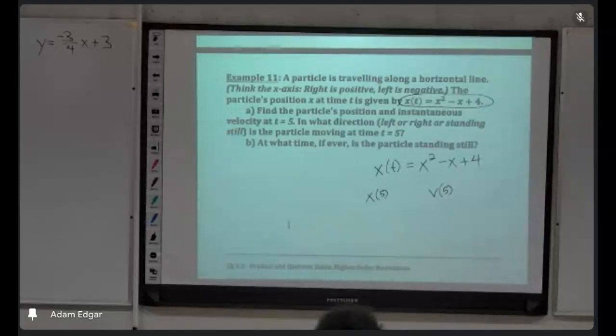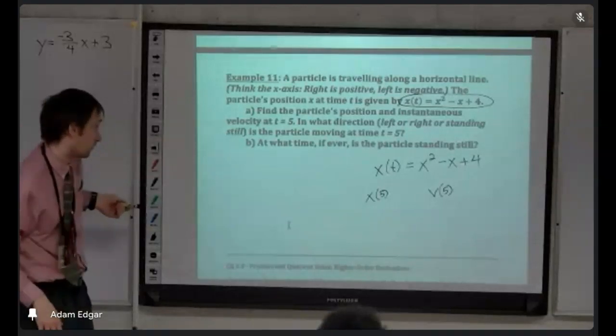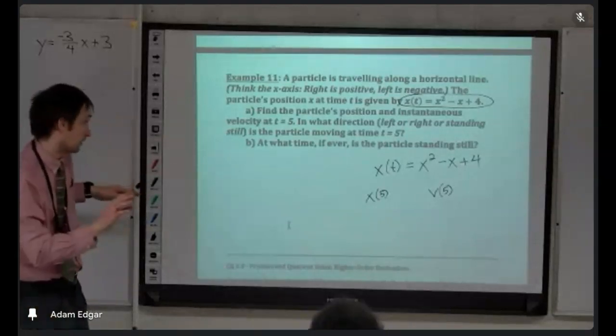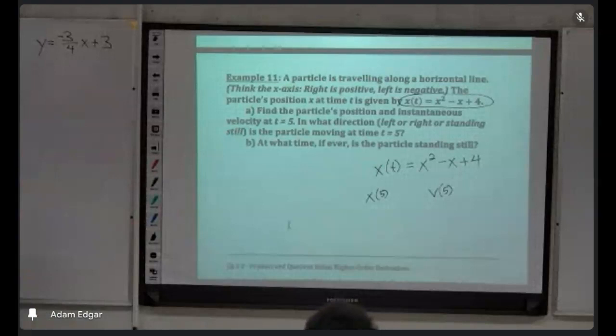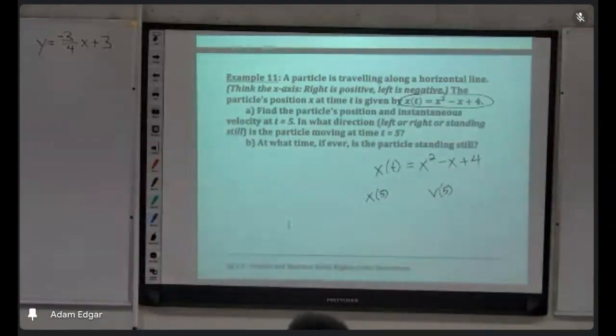And I don't think I gave units, so don't worry about units. Just straight numbers. 24. Yes. Good. With the derivative, what's the derivative of just x?